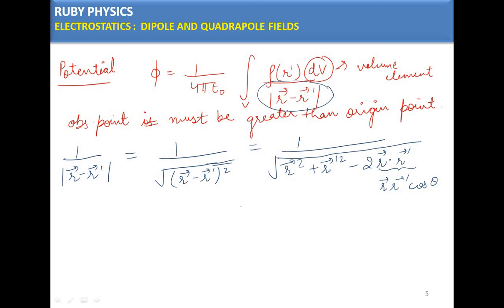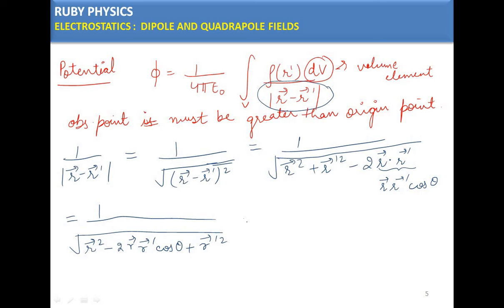So the equation becomes 1 upon under root r square minus 2 r r dash cos theta, then plus r dash square.